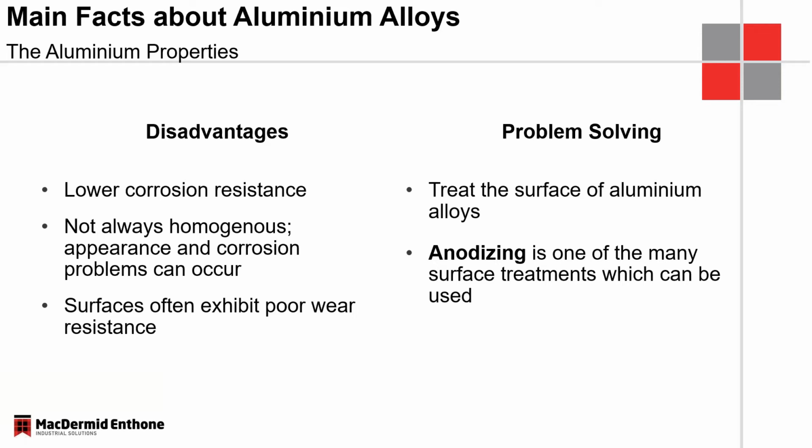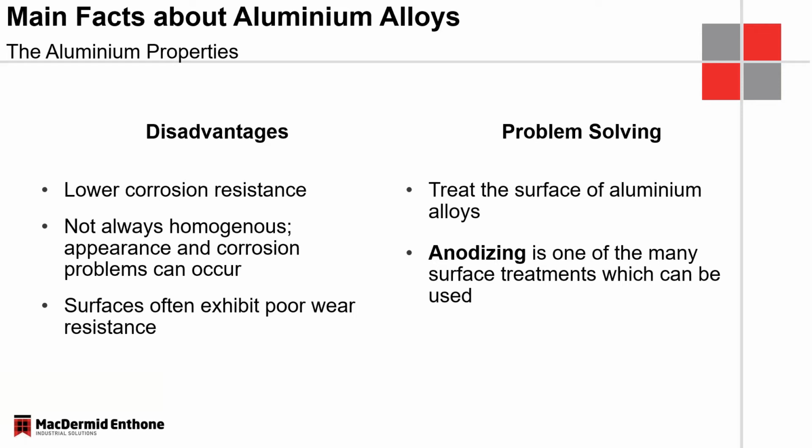And because of these alloying materials, they will actually form intermetallics, or they will precipitate within the alloy itself and create a not always homogeneous alloy or appearance on the surface. So that can have certain problems with corrosion. It can have problems with wear resistance as well.